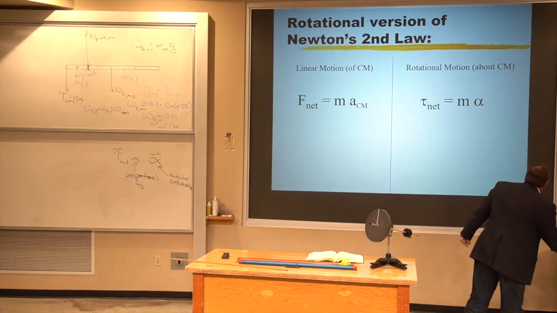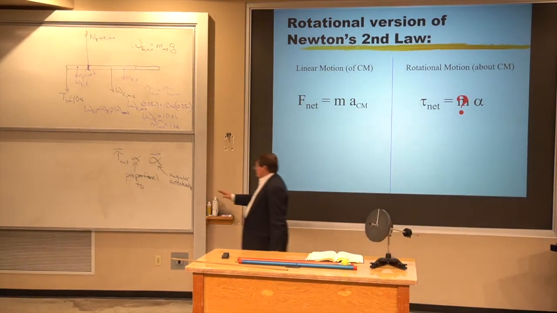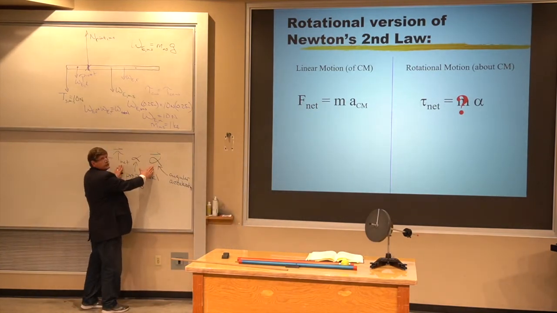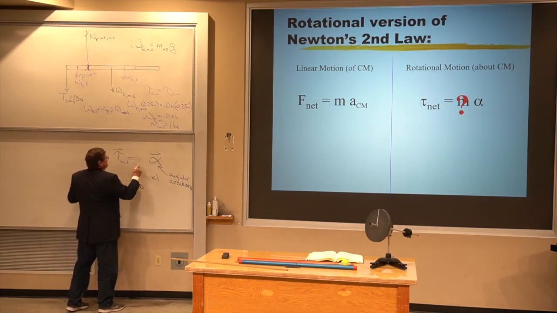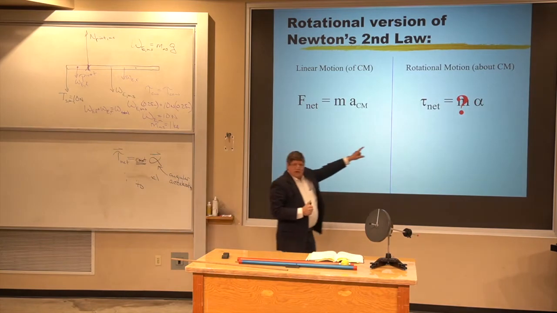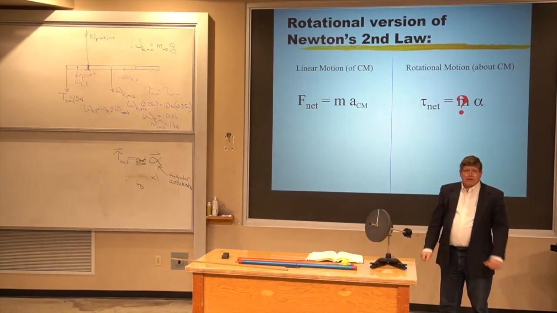The only thing that's a question in there: we know that if we double the net torque, we double the angular acceleration. And we know that these two are in the same direction. We established that last lecture. The question is, if I replace this proportionality with an equal sign, I have to put some constant in here. And the question is, is that constant the mass of the object?